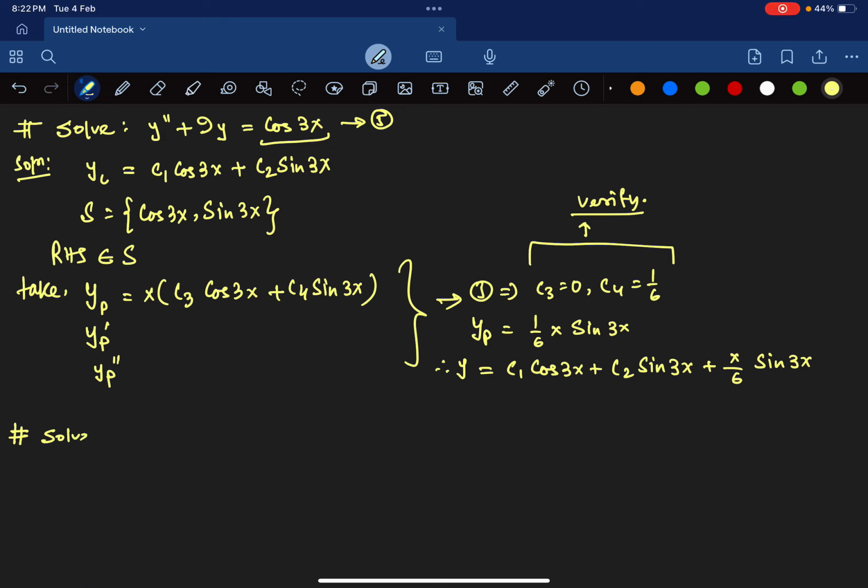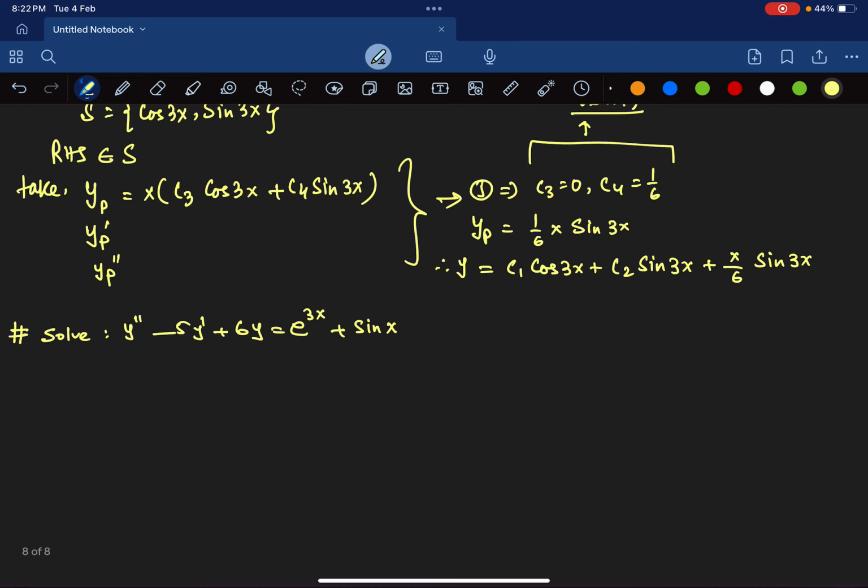So for example, solve y double dash minus 5y dash plus 6y is equals to e power 3x plus sine x. If I take this question, just follow the process.